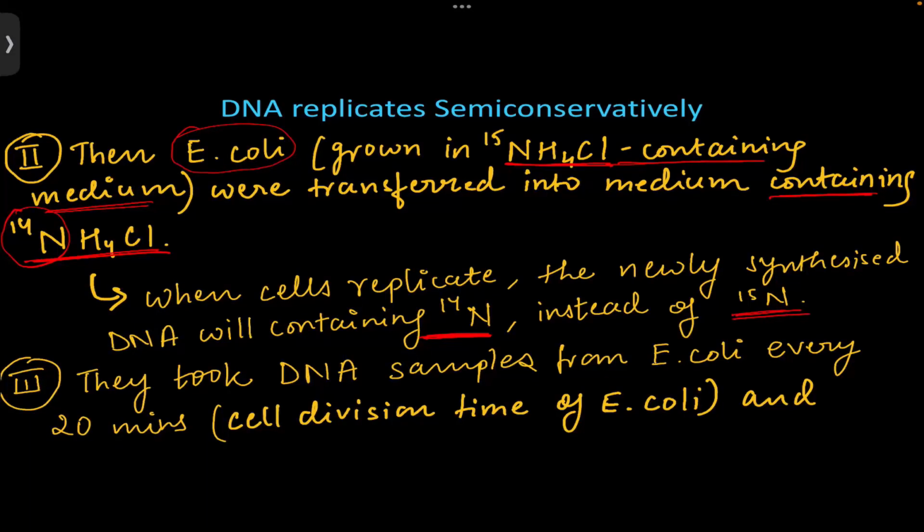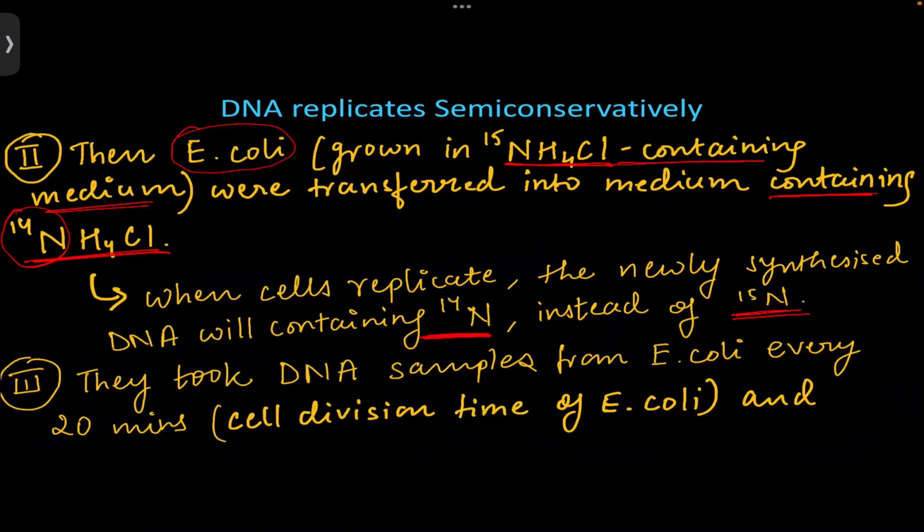Till now it was straightforward. Now they are going to analyze the DNA molecules that were formed in the E. coli cells grown in N15 NH4Cl media, and the E. coli cells grown in the media containing ammonium chloride with N14 isotope.